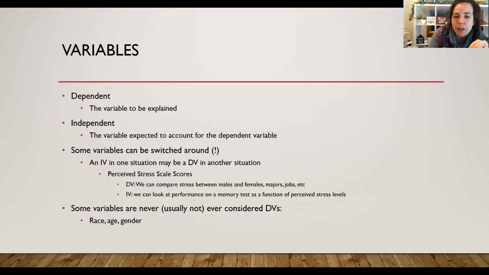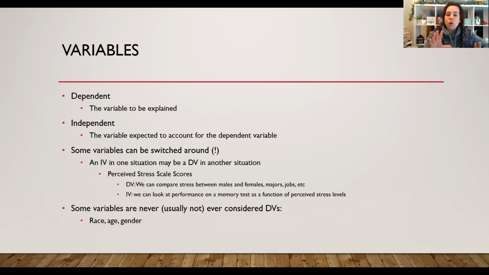The independent variable is the variable that's expected to account for the dependent variable. Now, depending on what your variable is, sometimes it can be switched around. So an independent variable in one study can be the dependent variable in another study.